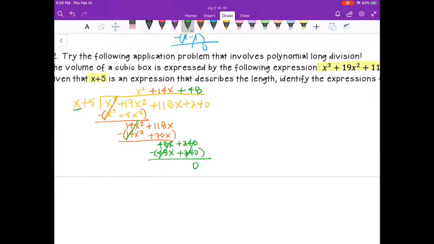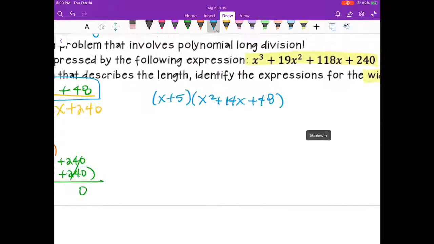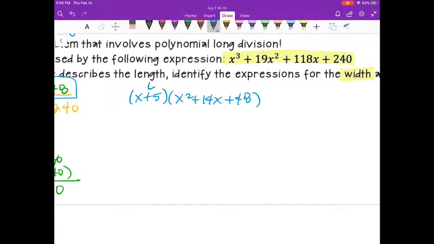So this means that if I take my x plus 5 and I multiply by this x squared plus 14x plus 48, that gives me my original polynomial. Well, I know this is my length, and I know together this is my width times my height, because that's the only option left. So let's see if I can break down that polynomial further, and in fact I can. It's factorable.